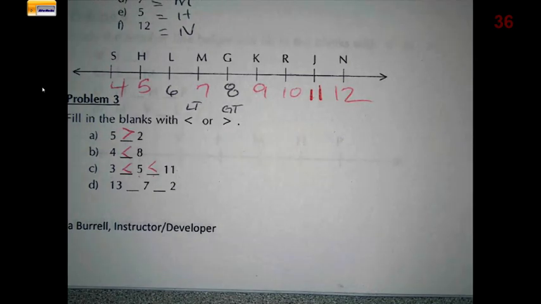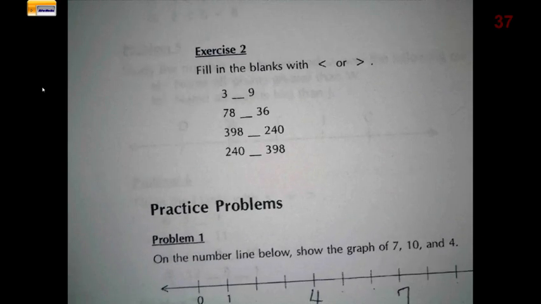What about D? 13 is greater than 7, and 7 is greater than 2. So you have to compare the two at a time. This is something you will be doing on your practices today, your practice tests. Comparing, even with combos.